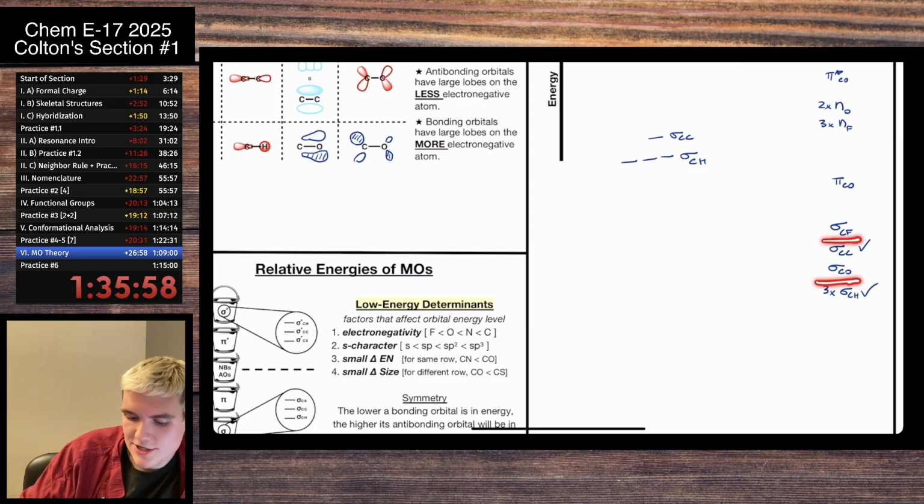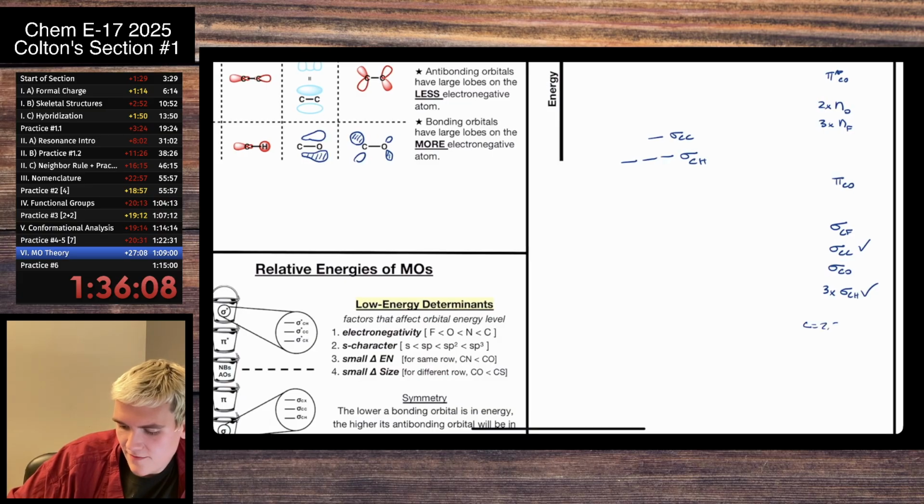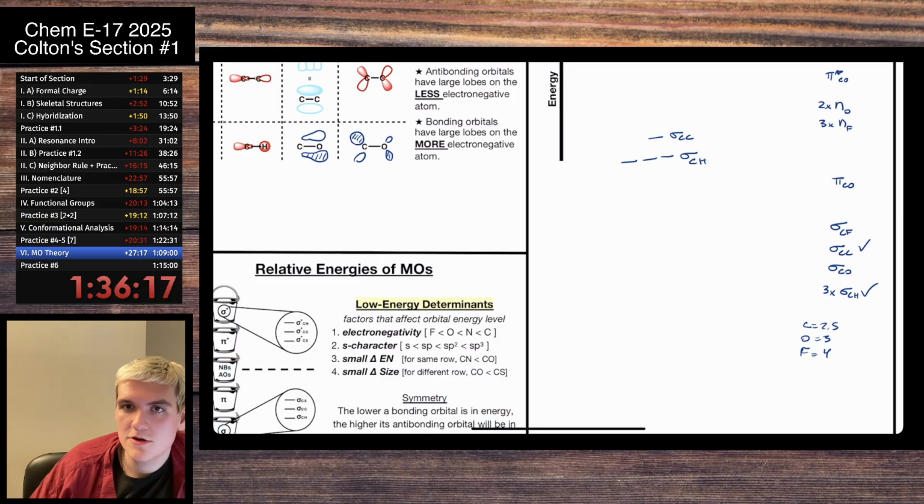So fluorine and oxygen, because they are in the same row of the periodic table, we're going to look at the electronegativity difference. And for reference, carbon is like 2.5, oxygen's like 3, and fluorine is like 4 for electronegativity. So who has the bigger electronegativity difference? Carbon-oxygen or carbon and fluorine?